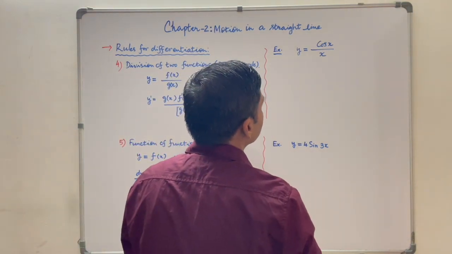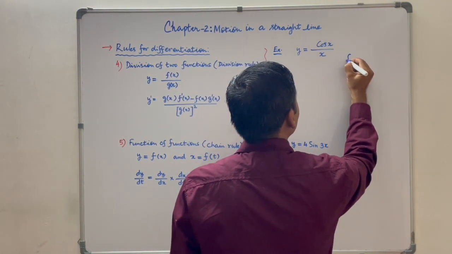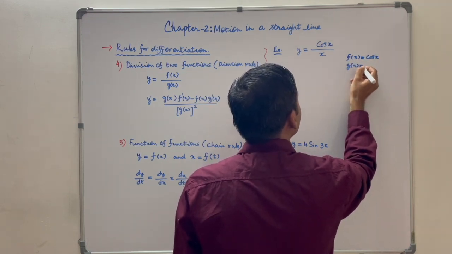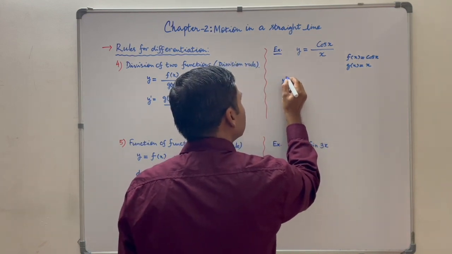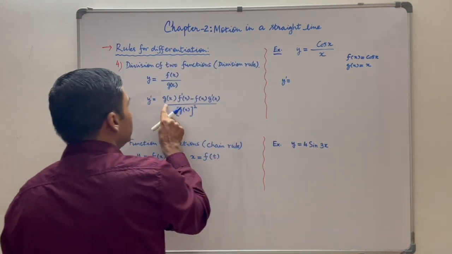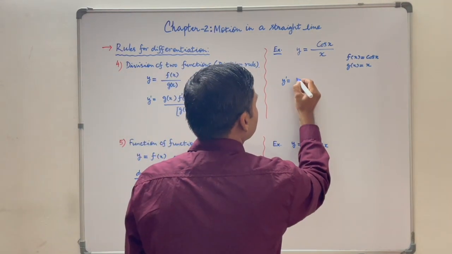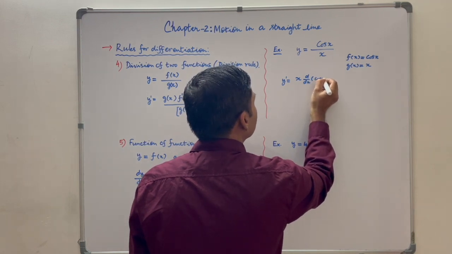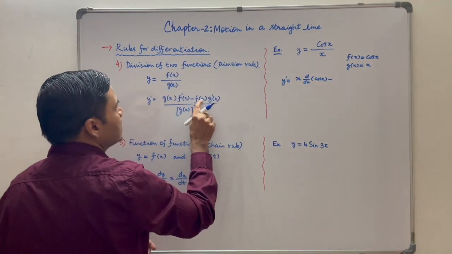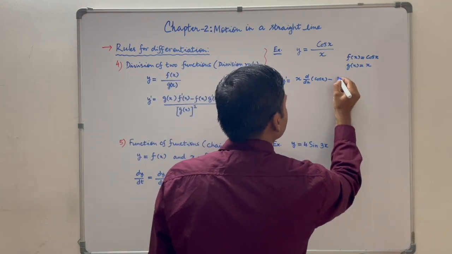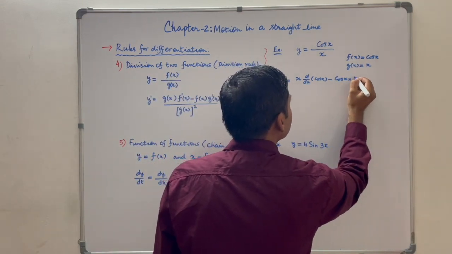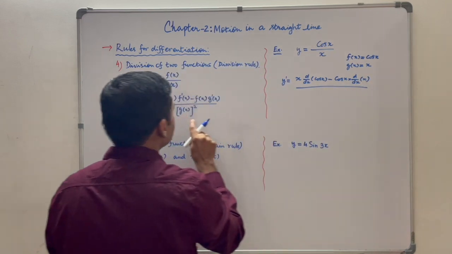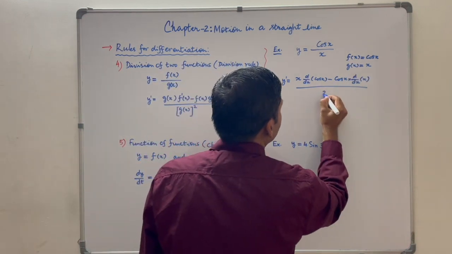y = cos x / x. Here f(x) = cos x and g(x) = x. So y' will be g(x) into f'(x), g(x) is x into f'(x), which is d/dx of cos x, minus f(x) into g'(x), f(x) is cos x into g'(x), which can be written as d/dx of x, divided by [g(x)]², which is x².